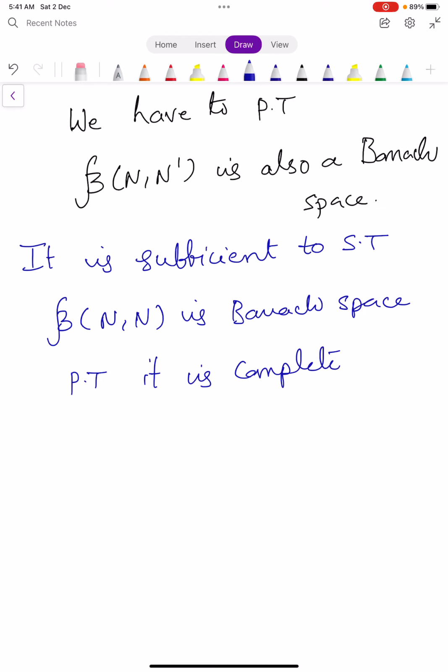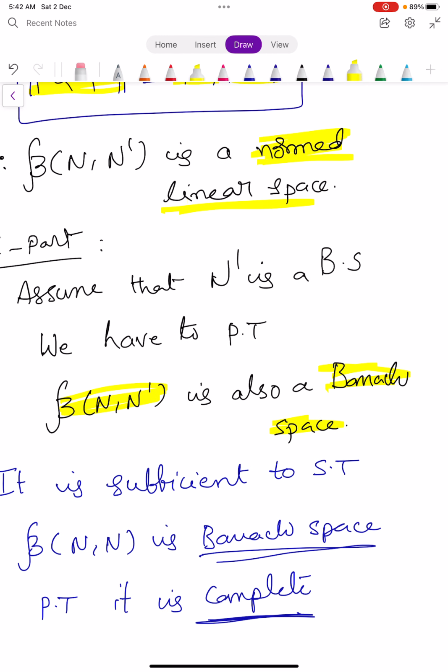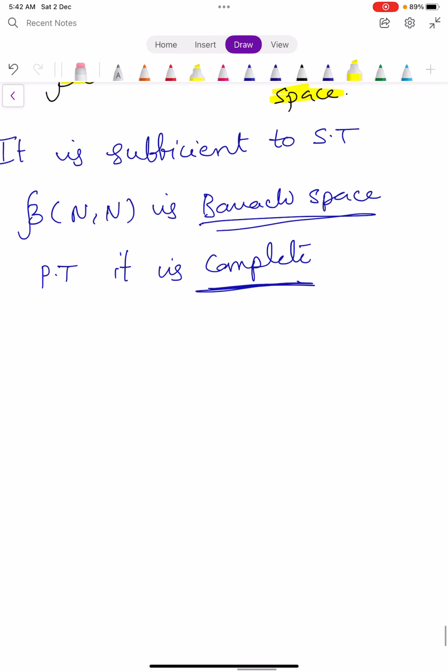It means already it is a normed linear space. If we show that it is complete, then obviously it becomes a complete normed linear space, which is a Banach space. I repeat this point, please understand. We have to prove that B of N comma N dash is a Banach space. Already we proved that it is a normed linear space. So to prove it is a Banach space, you have to prove that it is complete. A complete normed linear space is a Banach space.